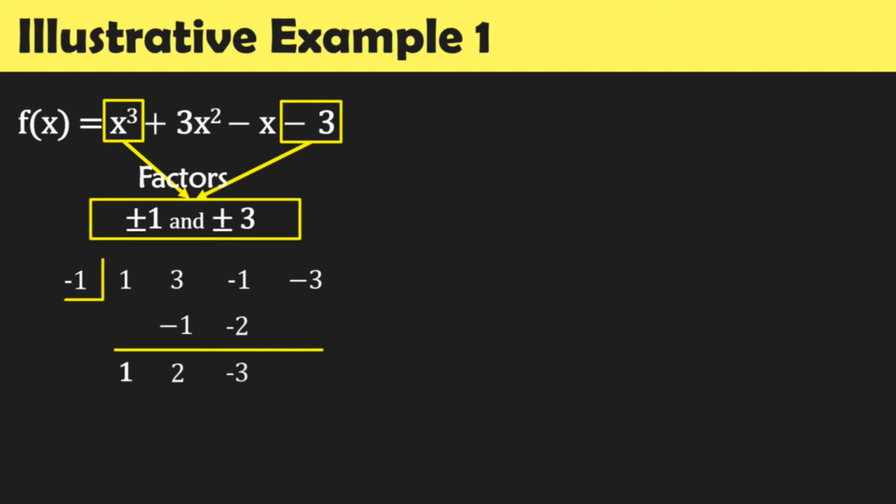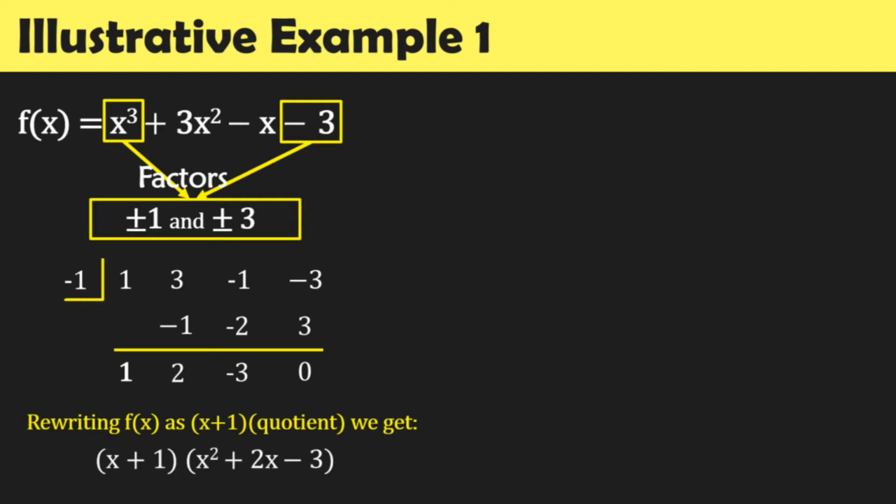Negative 3 multiplied by negative 1 will give us positive 3, and negative 3 plus positive 3 will give us 0. We can now rewrite f of x as x plus 1 times the quotient, and we get the quantity of x plus 1 times the quantity of x squared plus 2x minus 3.